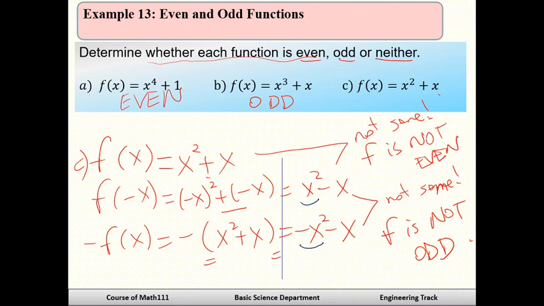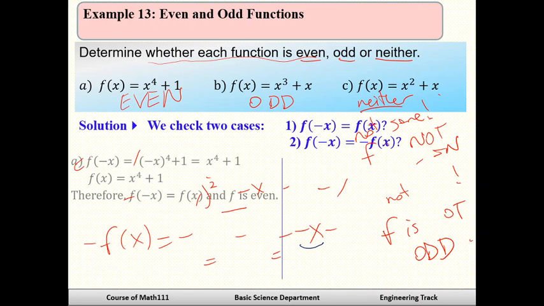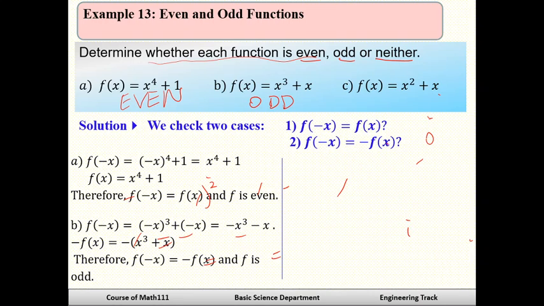So we say neither of them is true, neither even nor odd. Let's look at the other one. Here we'll see what is given in the slides. This is exactly what I did. You can check most of the slides.